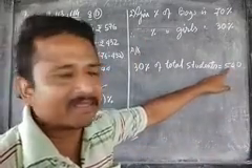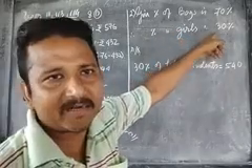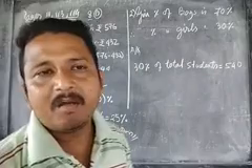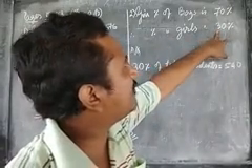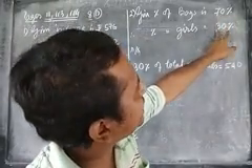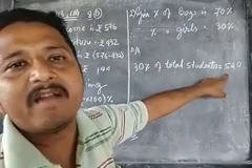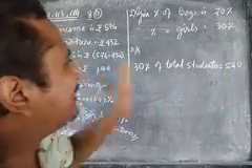Girls are also students. As girls are 30%, 30% of students means 540. Why? This 30% I have found out by subtracting 70 from 100, and this 30%'s number is given as 540 in the question, my dear students. Okay, so therefore we can link these two.